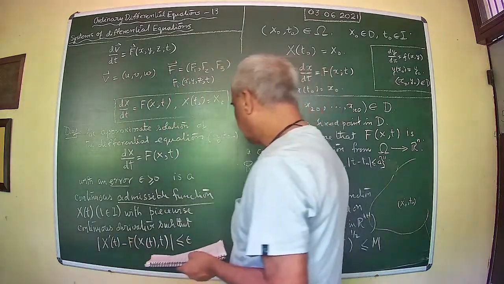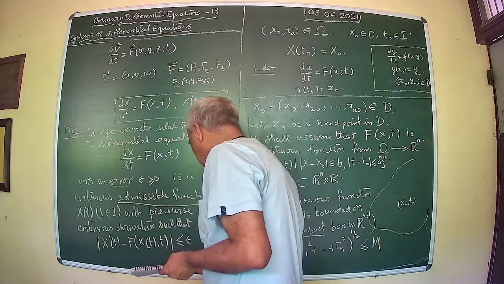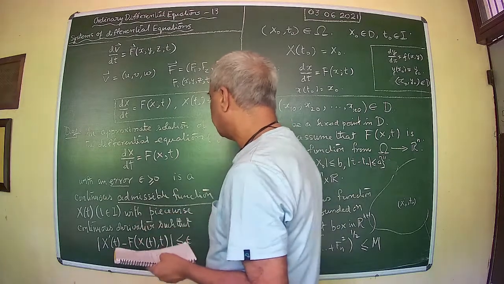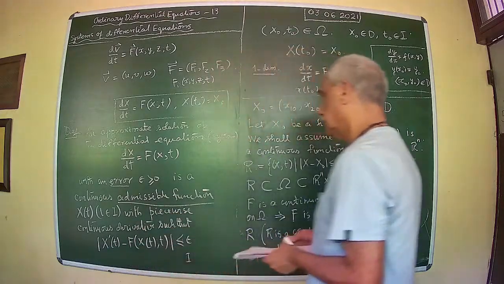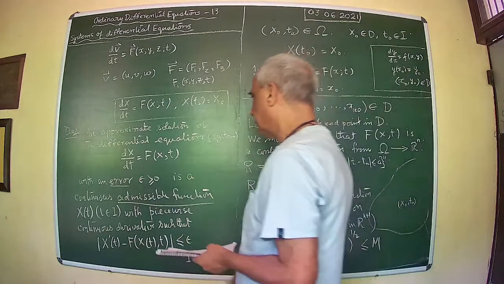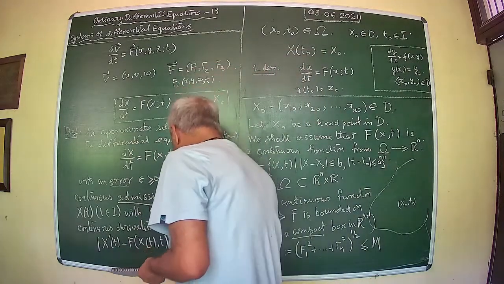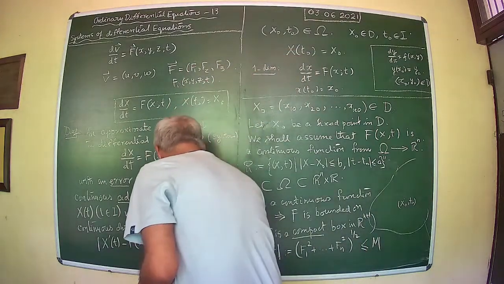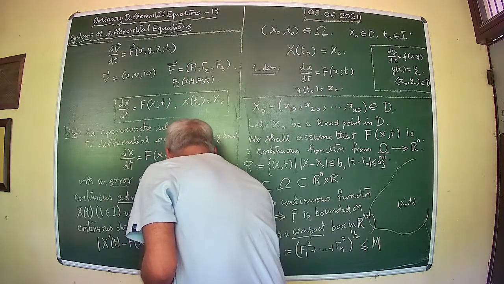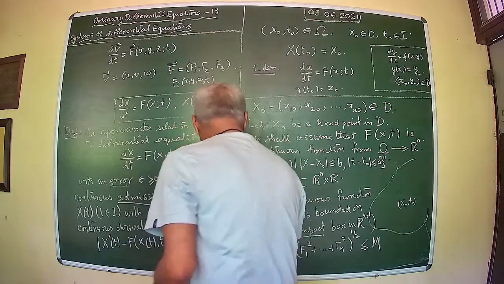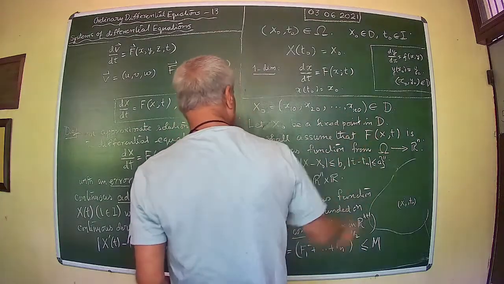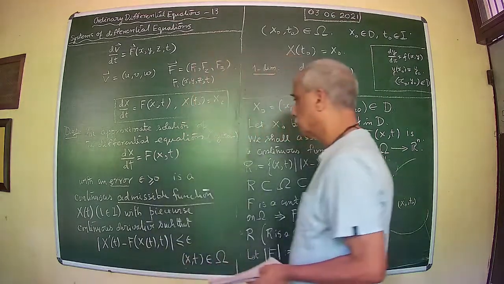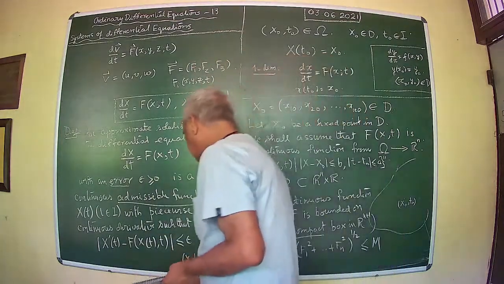See, over the interval I, we say that x(t) is an admissible function if this happens, that is, x(t) should belong to what we call omega, then only f is defined.